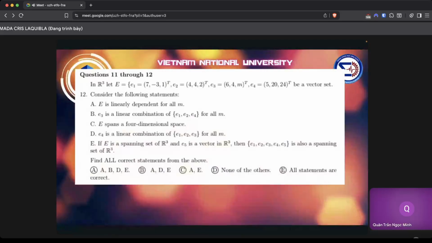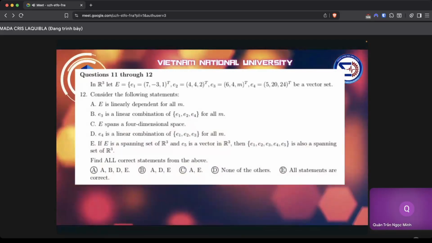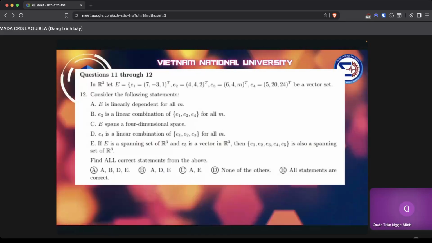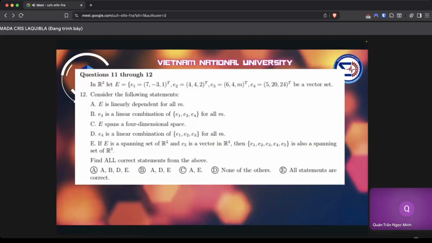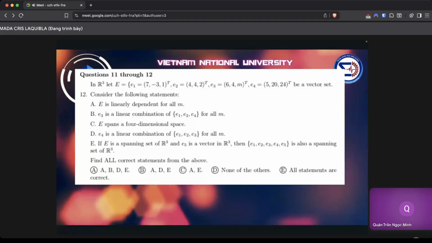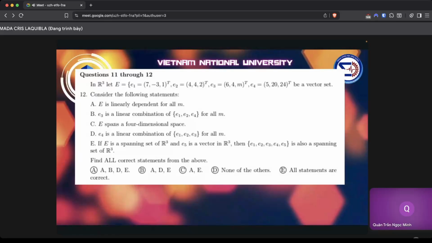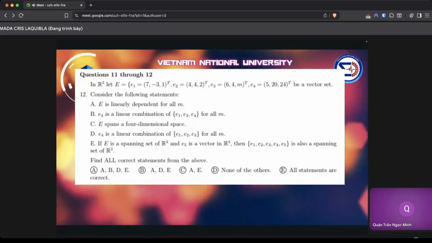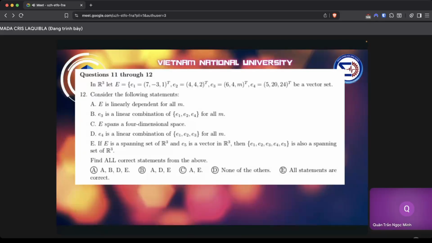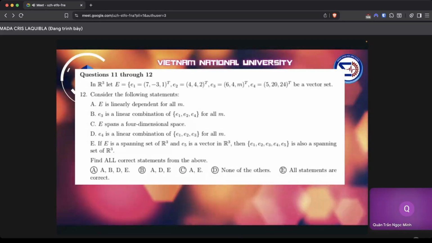Questions 11 through 12. Yeah, that's it. That's your 11. And then for your 12, consider the following statements. Letter A, E is linearly dependent for all m. Letter B, E3 is a linear combination of E1, E2, E4 for all m.